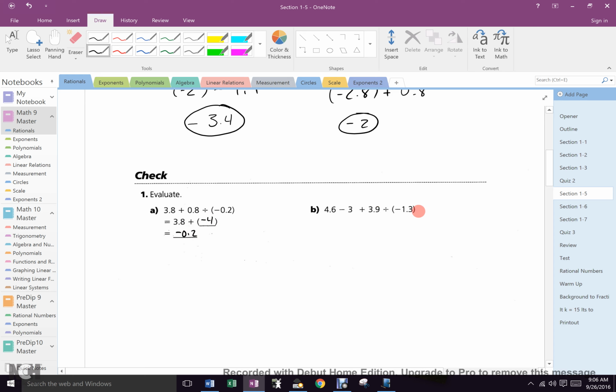So what do I do here? I got to go all the way out here to do the division. So am I changing 4.6? No, I'm not going to be lazy. I'm going to write it out. Am I changing -3? No, I'm not going to be lazy. Am I going to write it out? Plus. Now I got to change. What is this answer? What's this answer?